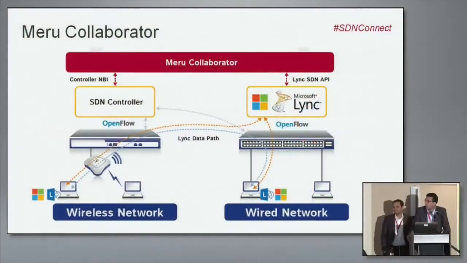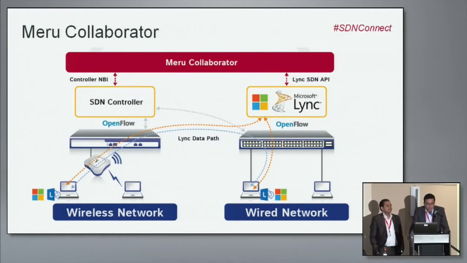What you can see in this network diagram is that we have our Meru MC4200 controller and our access points connected on one end of the network, and an SDN-enabled OpenFlow switch on the other side. You will see a demo of this shortly after lunch as well. We have OpenFlow enabled on both sides of the network.